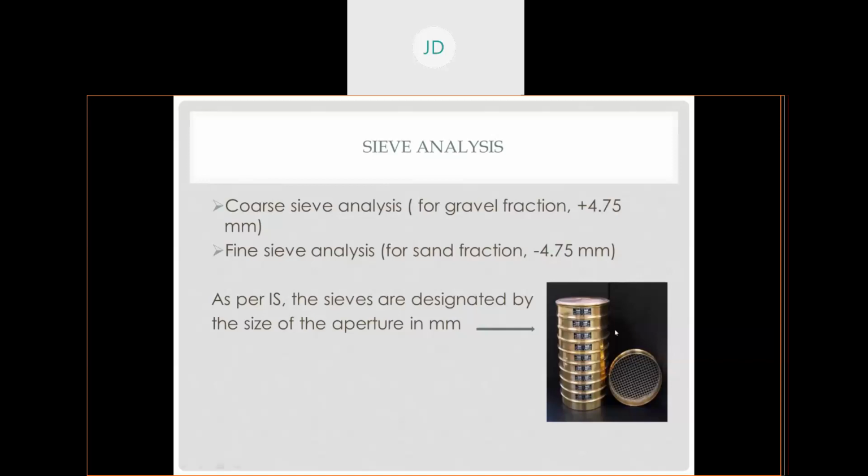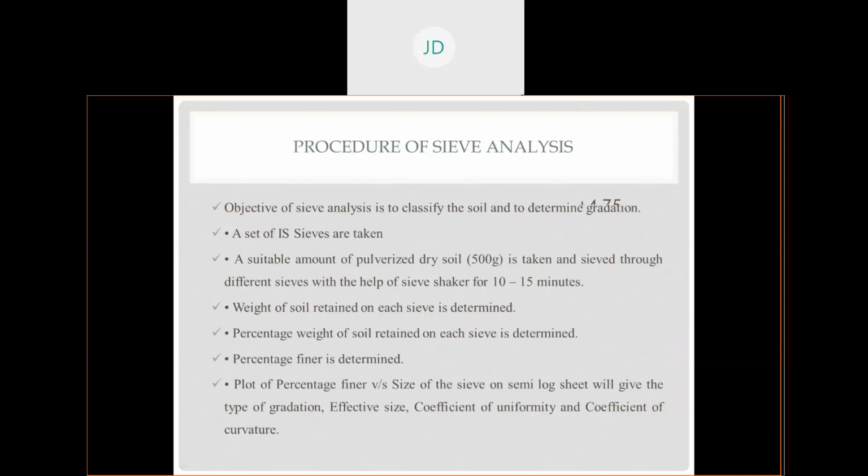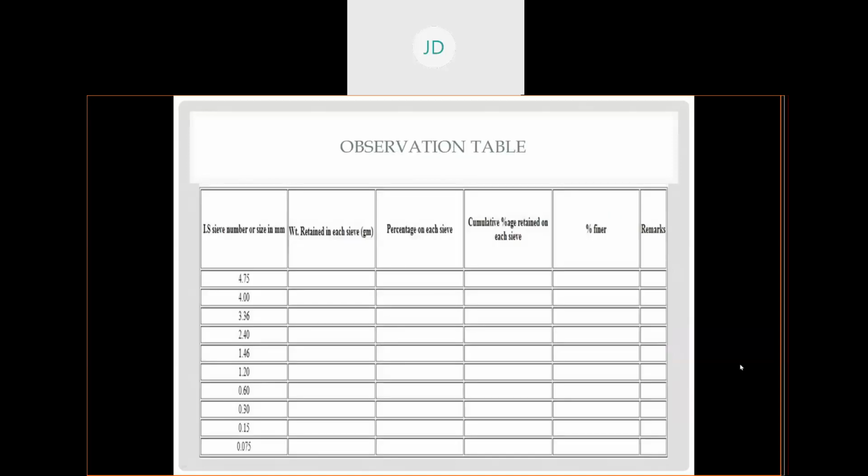Like that we have a number of sieves. I'll show you a table here. For now, just concentrate on this first column. Here it is written IS sieve number or IS sieve in millimeter.